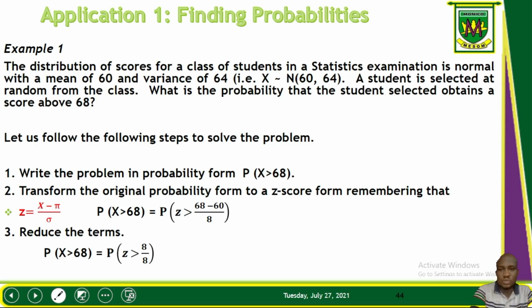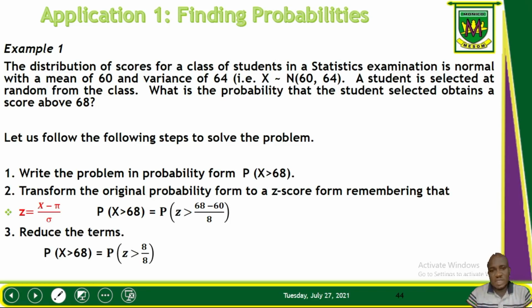Now put in symbolic form, X is normally distributed, N, with a mean of 60 and a variance of 64. A student is selected at random from the class.